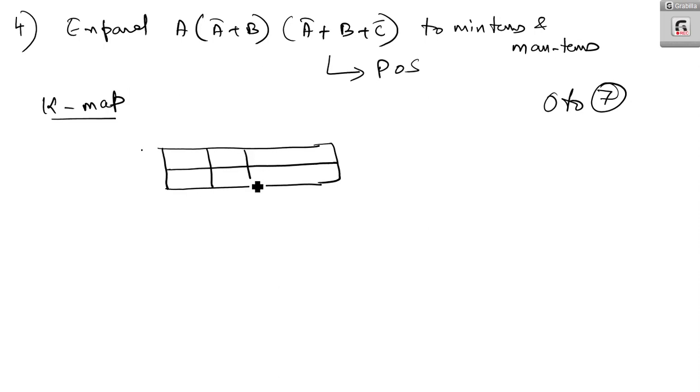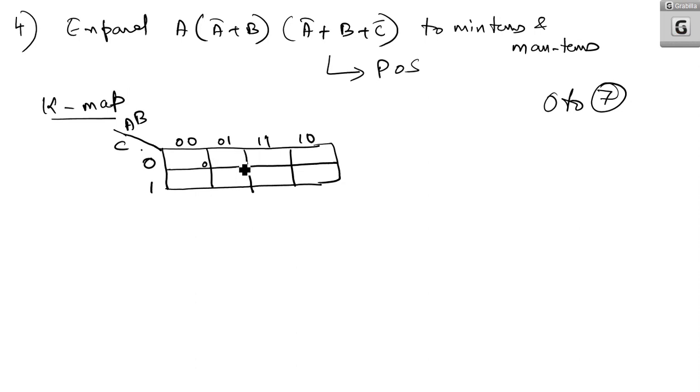One, two, three. Okay. So I will make this AB here, and C I will make it here. So here I am having 0 and 1. This is 0, 0, 0, 1, 1, 1 and 1, 0.